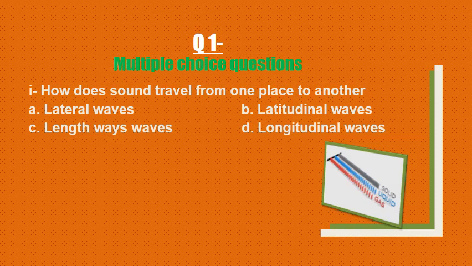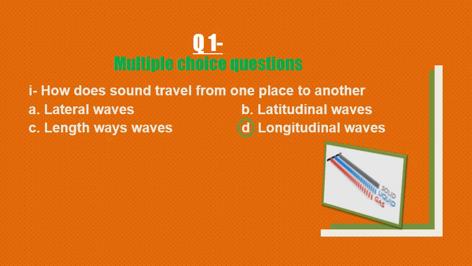You will take a little pause, you will think about the answer, and then you will definitely come back with your right option. So you have to select one option. Our option is exactly D. Sound waves travel from one place to another as longitudinal waves.